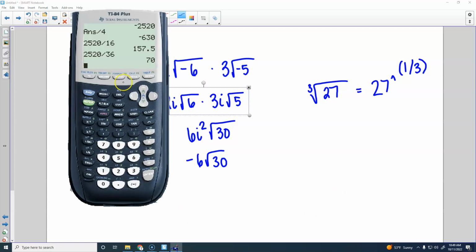Well, if you have the newer calculators, maybe not, but if you just do it like this, it will not work. If you have the new calculators where it looks like a fraction whenever you type it in, it might be okay, but that is not correct. It should be 27 to the 1/3. That fraction needs to be in parentheses. It should be 3.